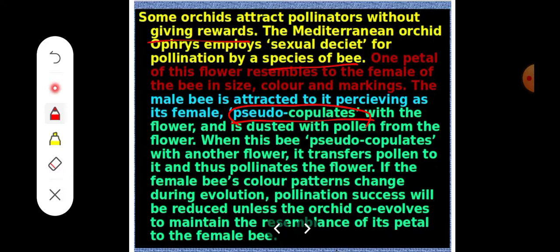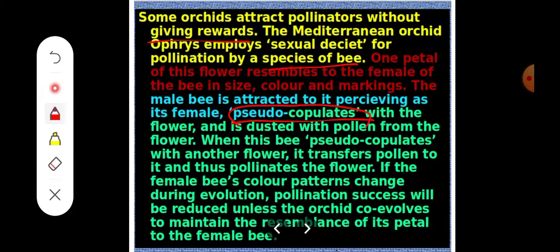Here you can see how co-evolution operates. If the female bee's color pattern changes even slightly for any reason during evolution, then pollination success will be reduced unless the orchid flower co-evolves to maintain the resemblance of its petal to the female bee.